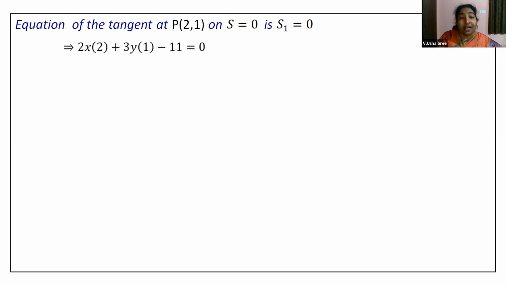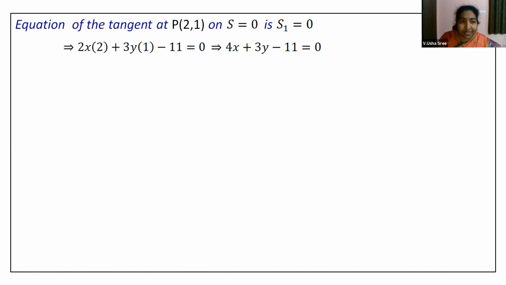So, S1 equal to 0 means 2x x1 plus 3y y1 minus 11 should be equal to 0, isn't it? Now, instead of x1 and y1, you have 2 and 1. We have just substituted that. Then we will get 4x plus 3y minus 11 equal to 0.